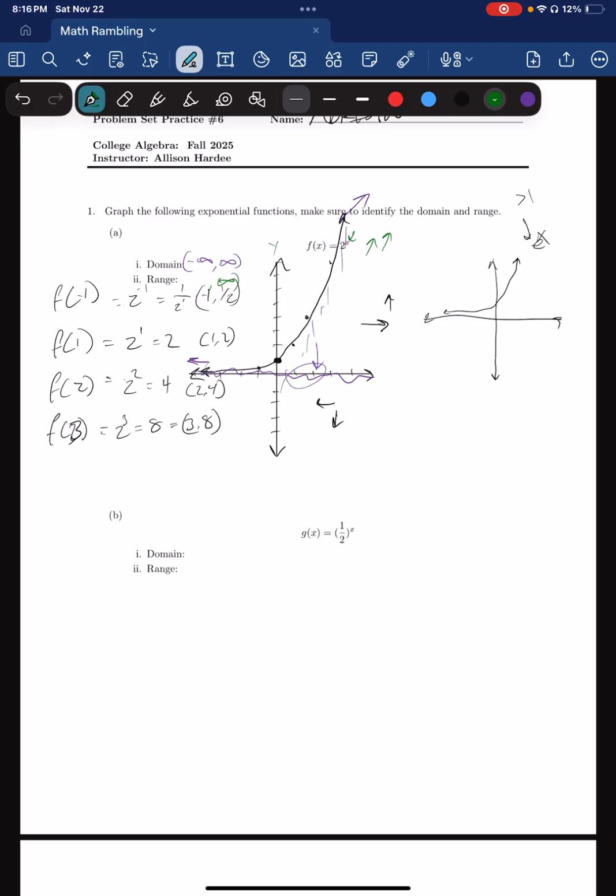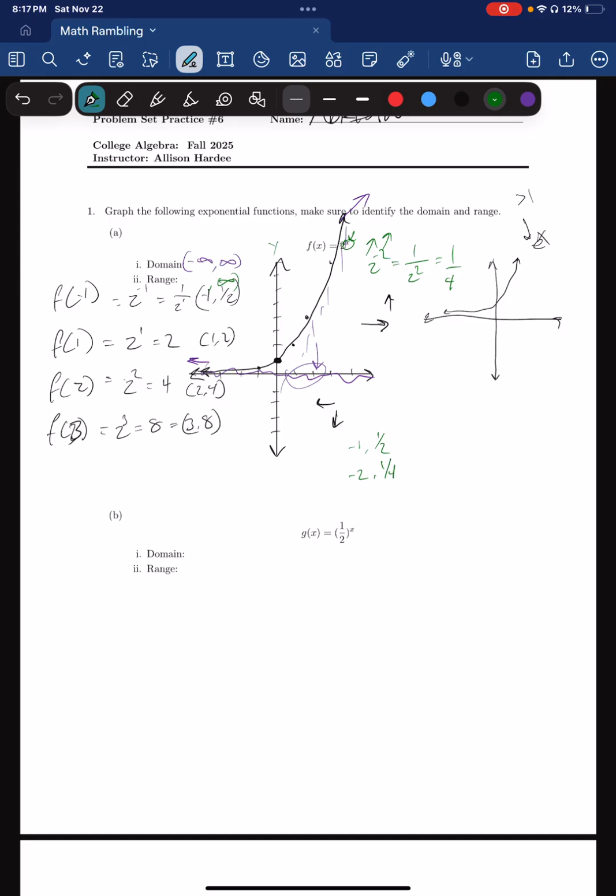Well, let's think about it. If we put in a small number here, like -1, -1 is pretty small, then we get 1/2. If we put in -2, then we get 2 to the -2, which is 1 over 2 squared, which is 1/4.